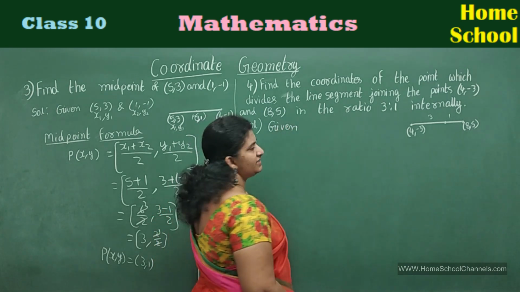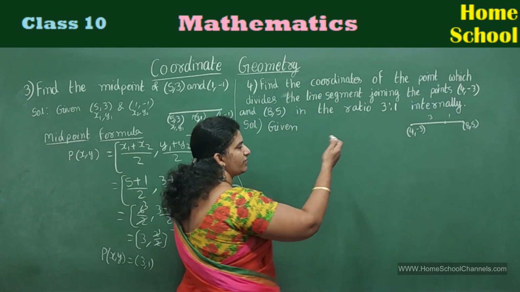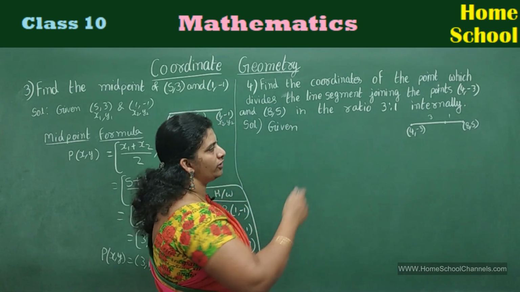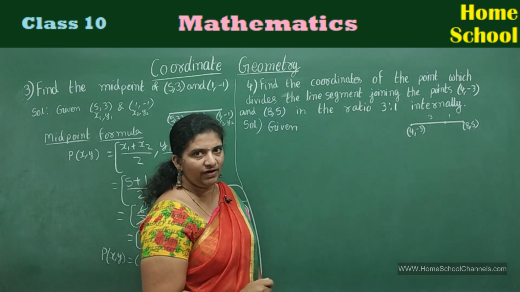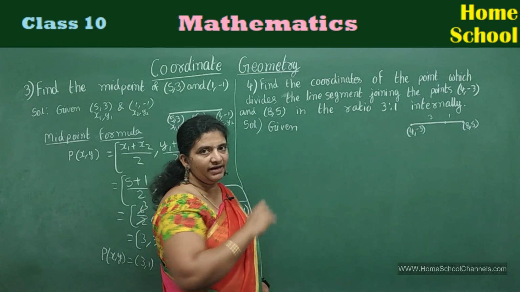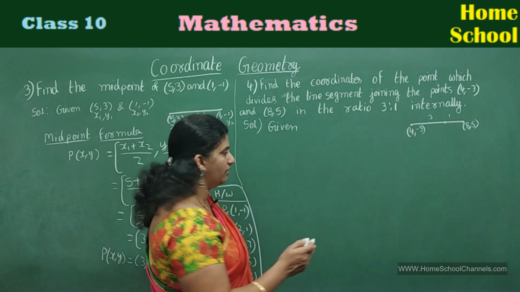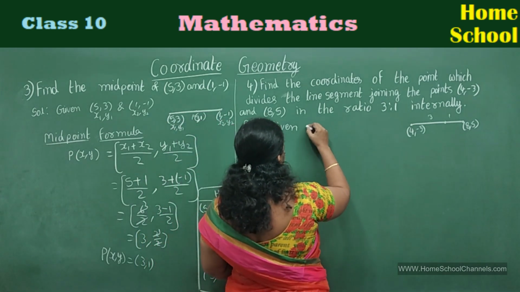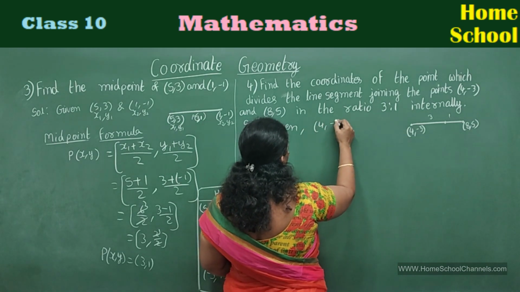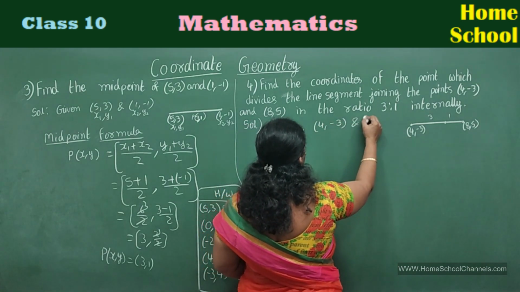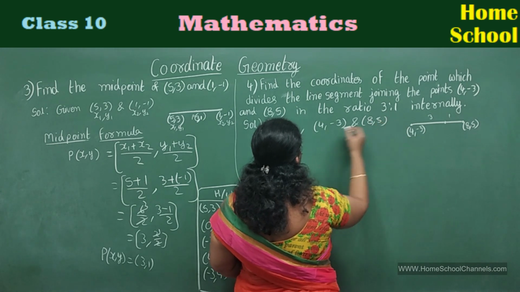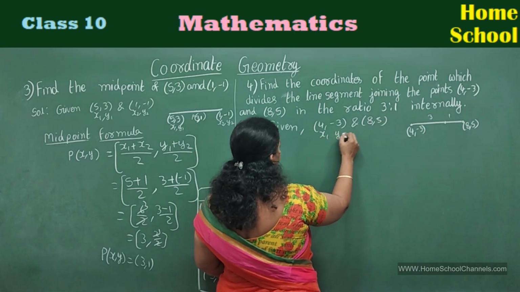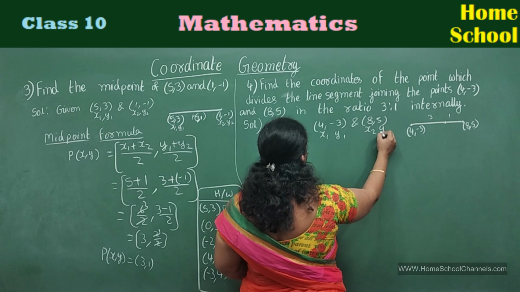Given line segment joining points, you can rewrite again, are 4, minus 3 and 8, 5. The line segment is divided in the ratio 3:1. These all statements you write here. Let me write only the coordinates 4, minus 3 and 8, 5. Mark this x1, y1, x2, y2.